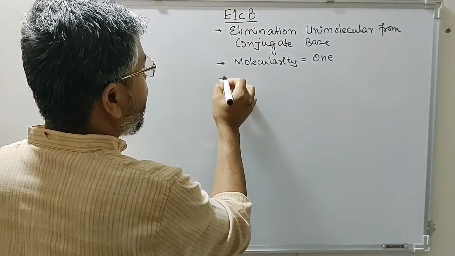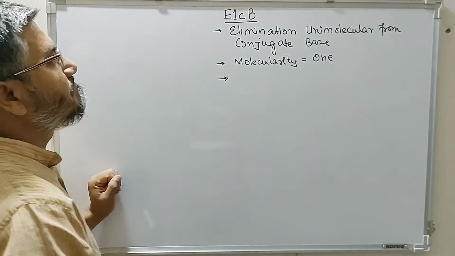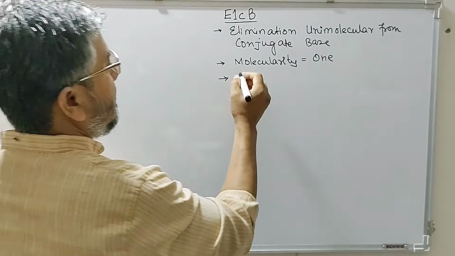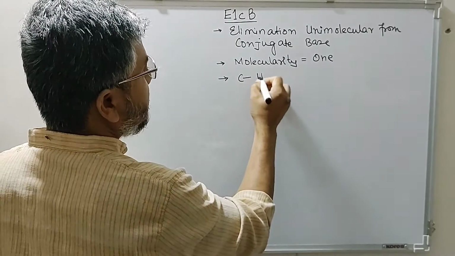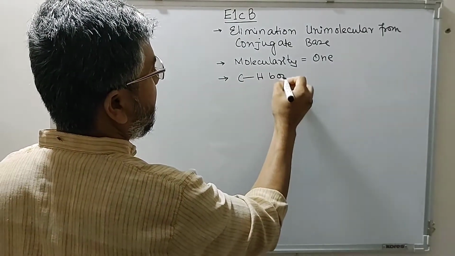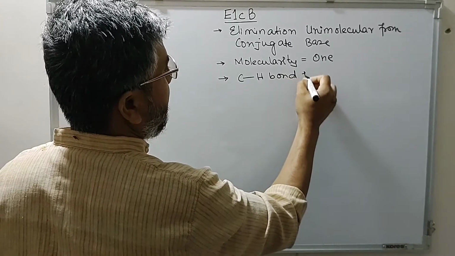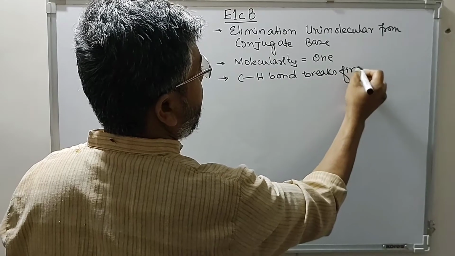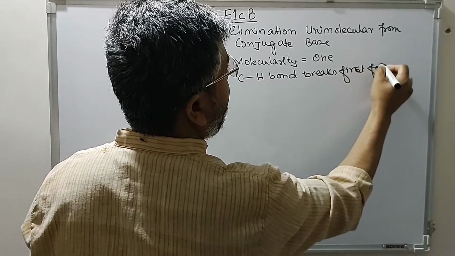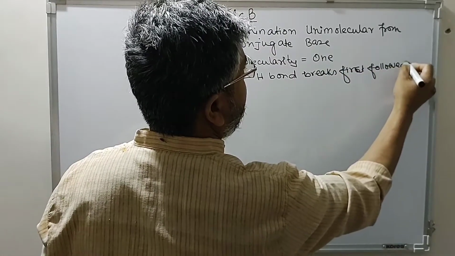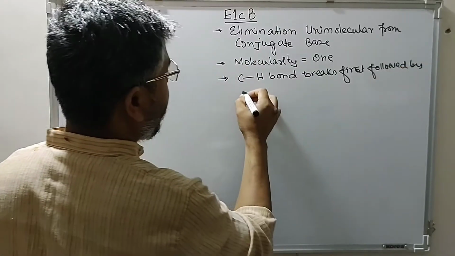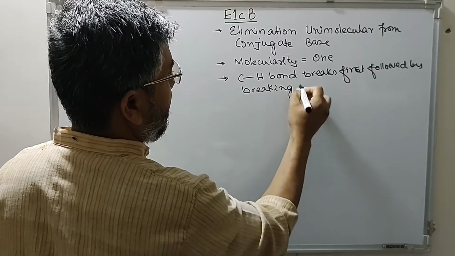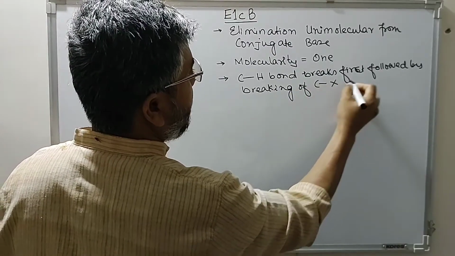In this E1cB mechanism, carbon hydrogen bond breaks first, followed by breaking of carbon halogen bond.